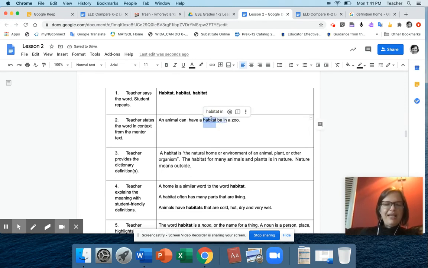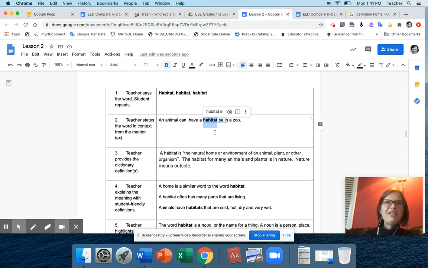A habitat is typically a home or a neighborhood for a family. The dictionary says the habitat is the natural home or environment of an animal, plant, or other organism.